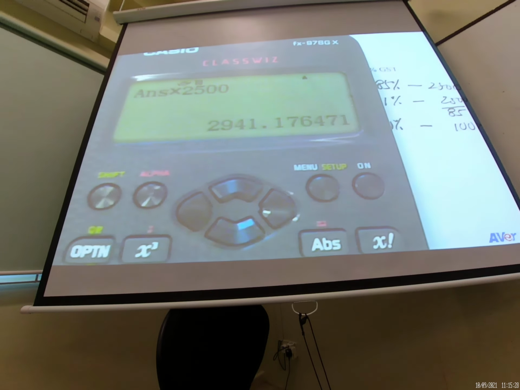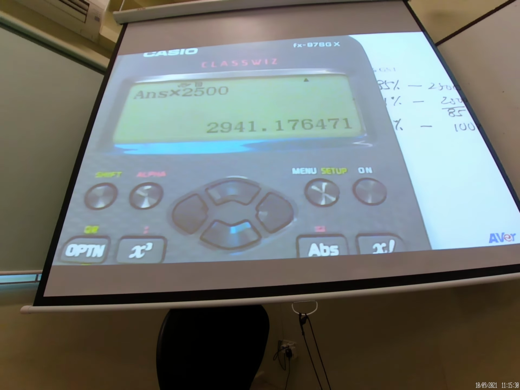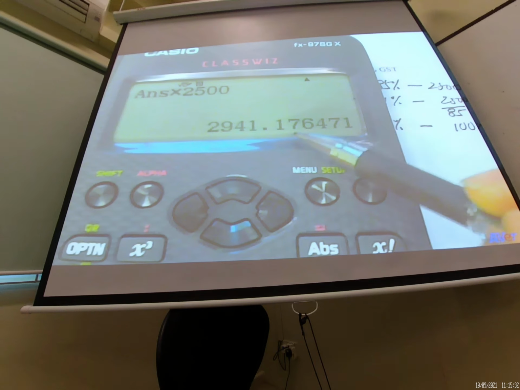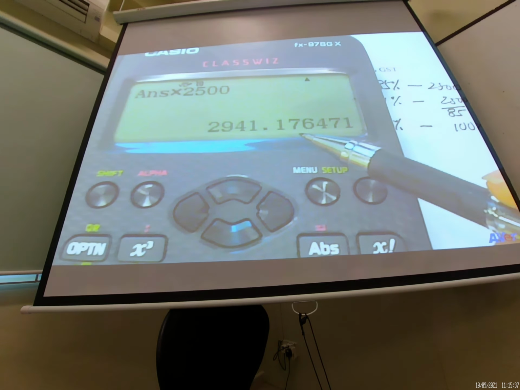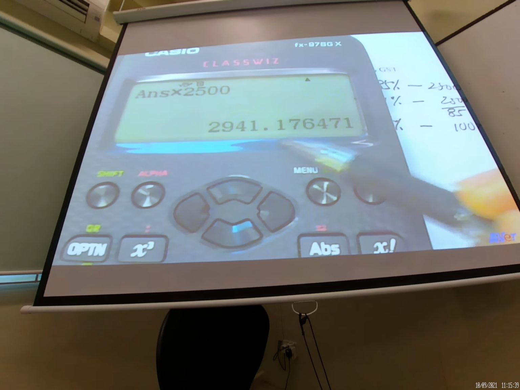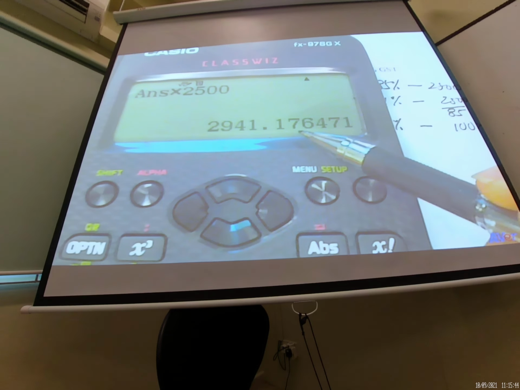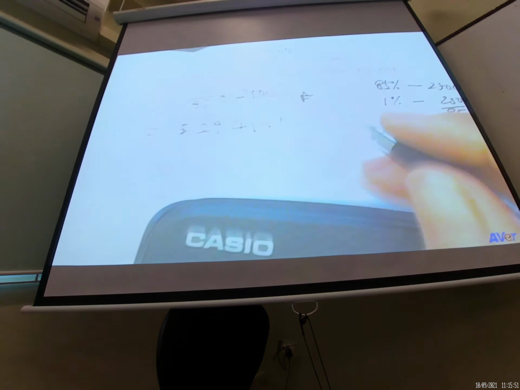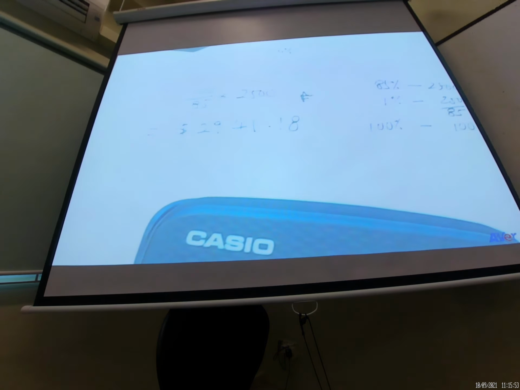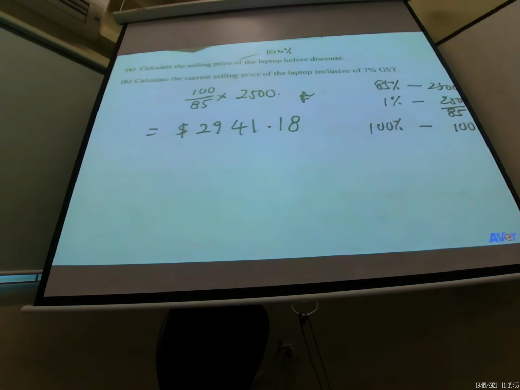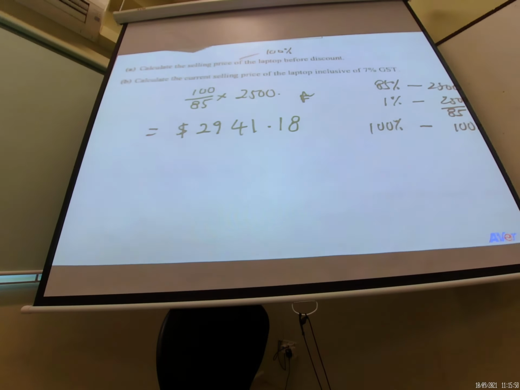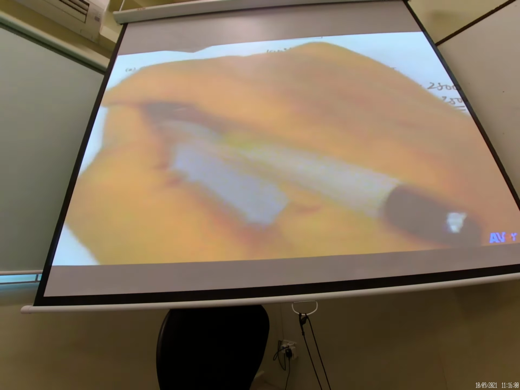Last time we used to have 1 cent coins. So which is why for money in dollars we always give to 2 decimal points, because that is how many cents. To give to 2 decimal points, we look at the 3rd decimal point. It is bigger than 5, 7 has to round up. So the answer is 2941.18. This is part A.